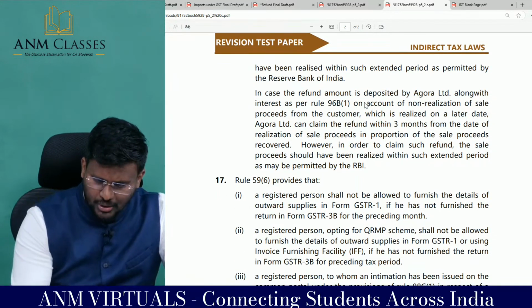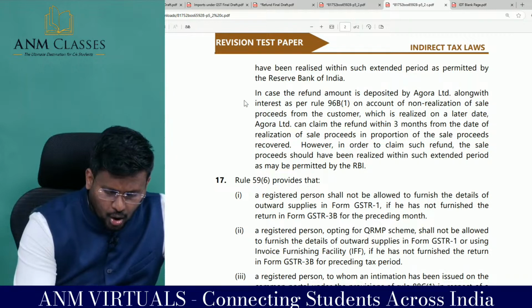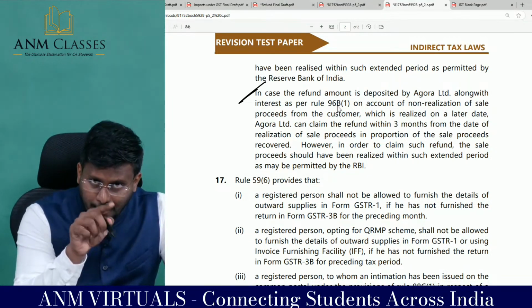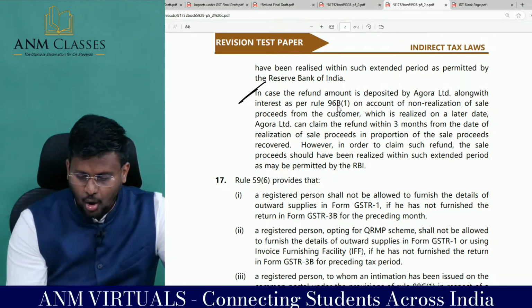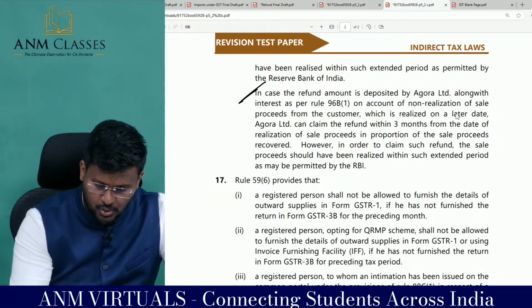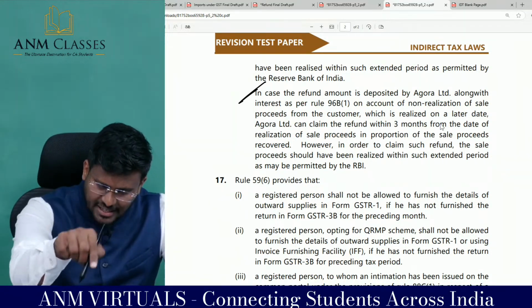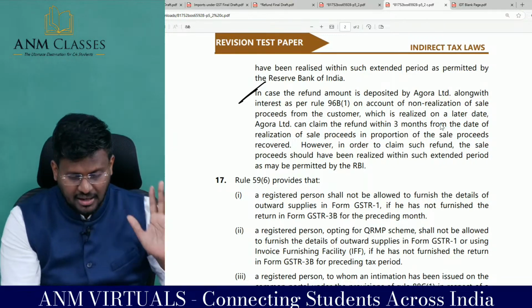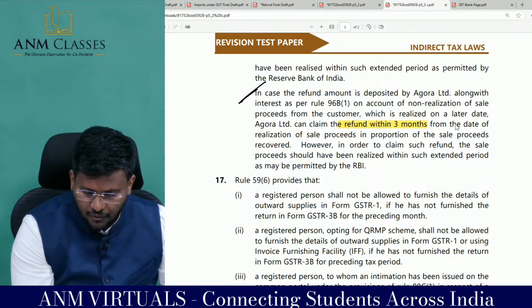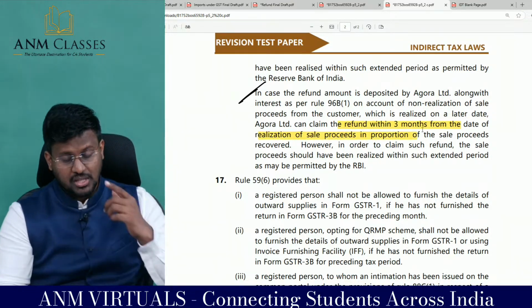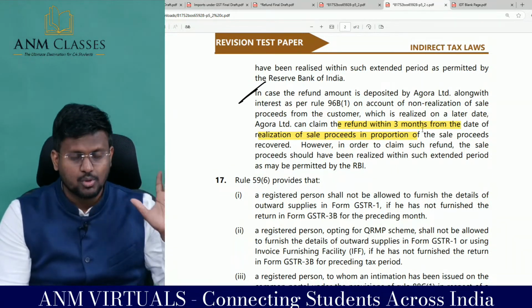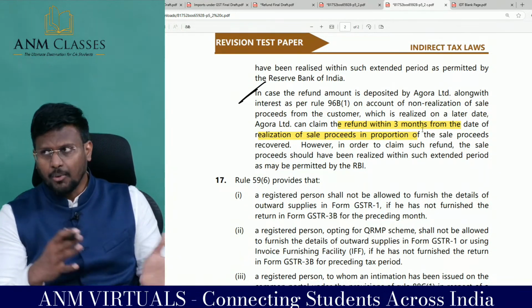In case the refund amount is deposited by Agora Limited along with interest as per Rule 96B sub-rule 1 on account of non-realization of sale proceeds from the customer, which is realized on a later date, Agora Limited can claim the refund within 3 months from the date of realization of sale proceeds, in proportion to the sale proceeds recovered. What amount they have recovered?